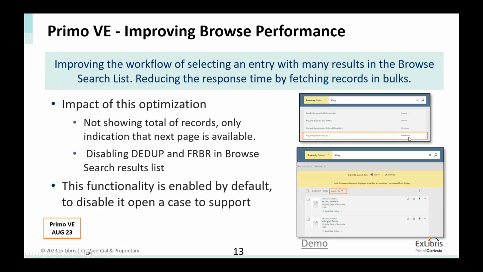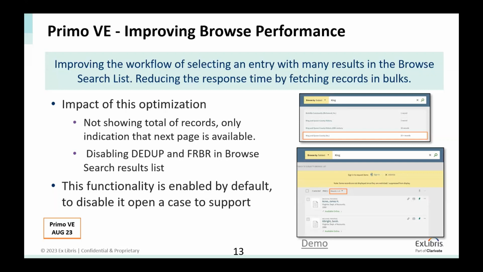So far, before this improvement to the performance, what we did is we went to the Alma browse, asking to get these 300 records in bulk, and then we fetched all of these records and showed you only the top or the pagination. But the action of fetching all of the records was heavy in terms of performance.